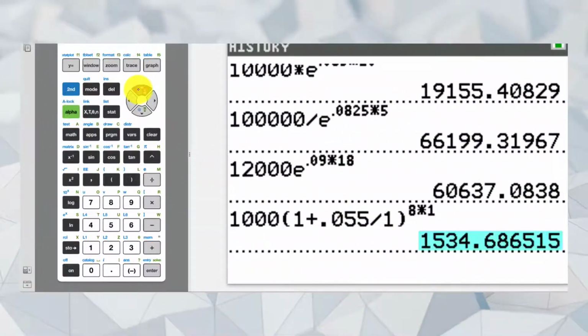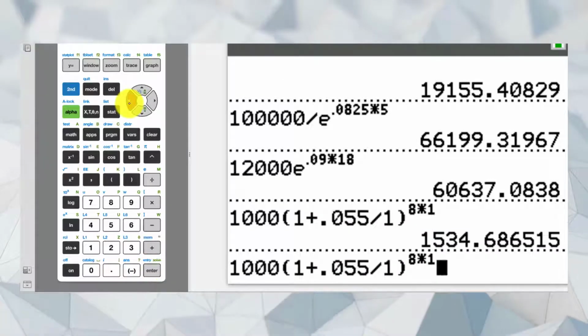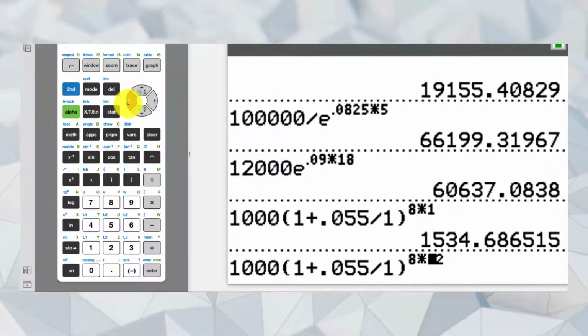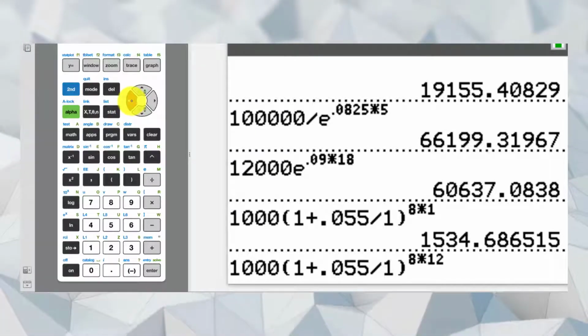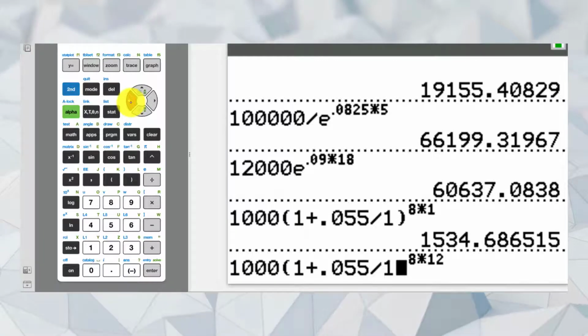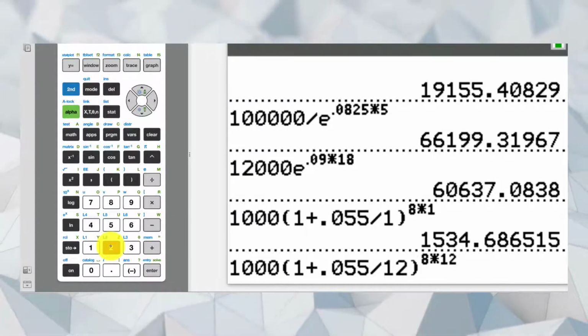And you'll see why I did all of that. Put my 8 first here, because now I'm going to grab this formula, I'm going to go to the exponent, and I'm going to add a 2 right here. And then I'm going to bring my cursor right here on top of the parenthesis. And I'm going to insert, second insert, and I'm going to put a 2. Here we go. That's monthly.